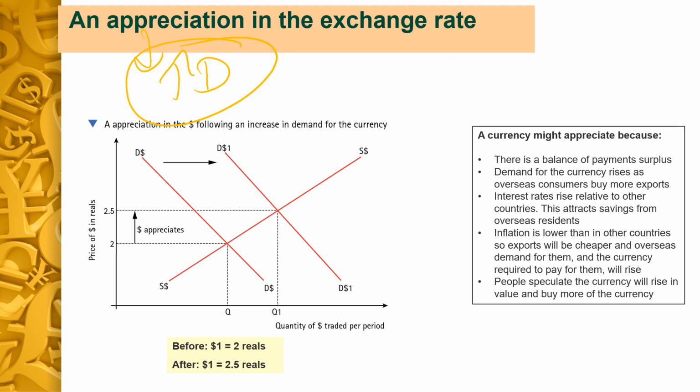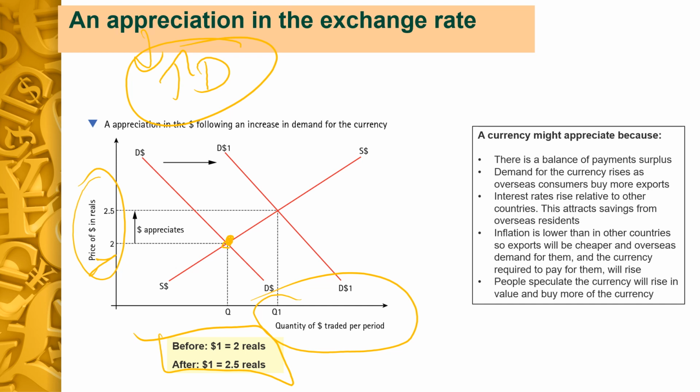Let's have a look at the graph here. So again, price of dollars in reals and the quantity of dollars traded per period. This was my original equilibrium point. It was $1 equivalent to 2 reals.